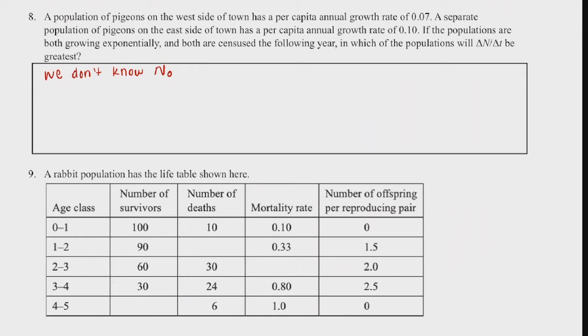But if initial population on west side is large, then vice versa will happen, right? So we don't know n naught, and so therefore not enough information is given to answer.